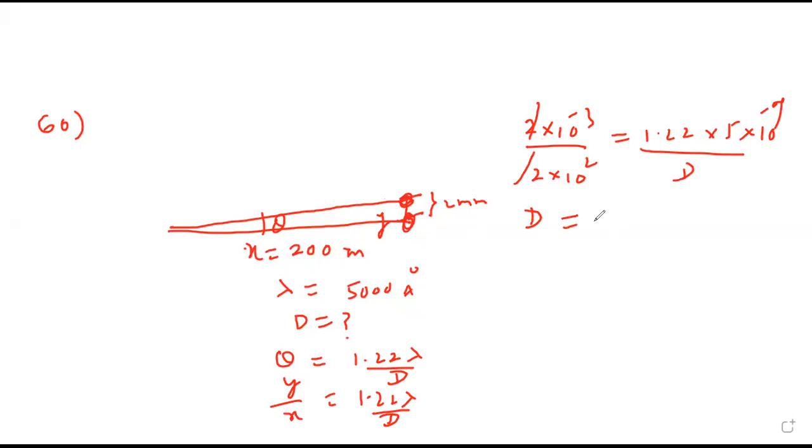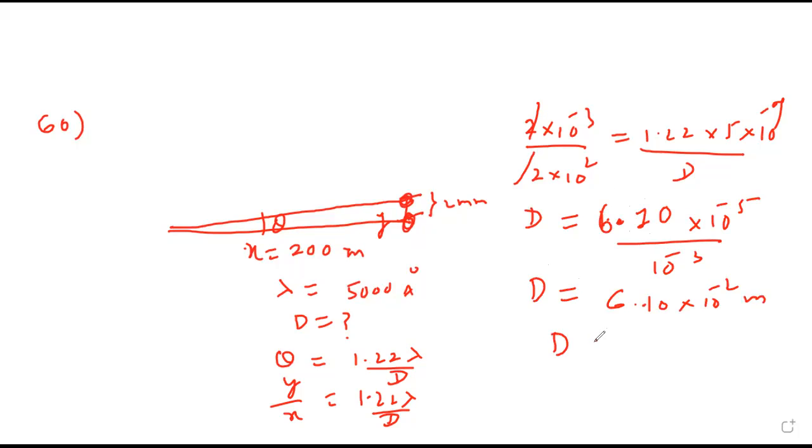So D equals 6.10 into 10 raised to minus 5 upon 10 raised to minus 3. So it is 6.10 into 10 raised to minus 2 in meter, or we can say 6.10 centimeter. Option A.